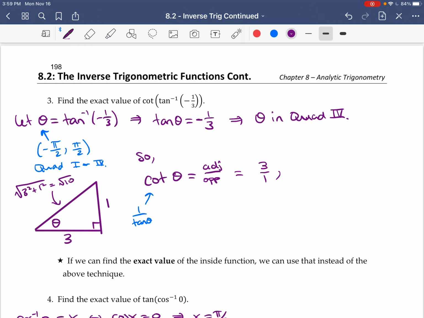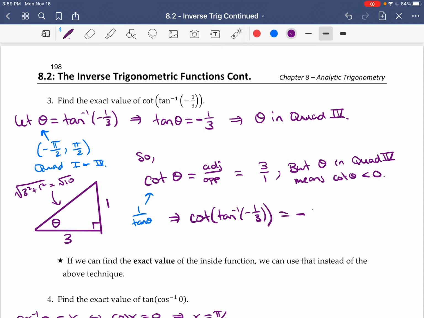But theta in quadrant 4 means that cotan theta should be negative. So we can conclude that cotan of tan inverse of negative 1/3 should be negative 3. It needs to be negative because that value is in quadrant 4.